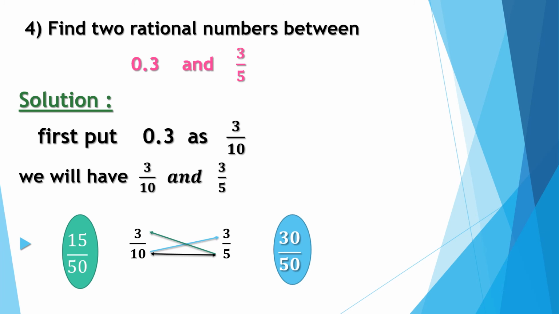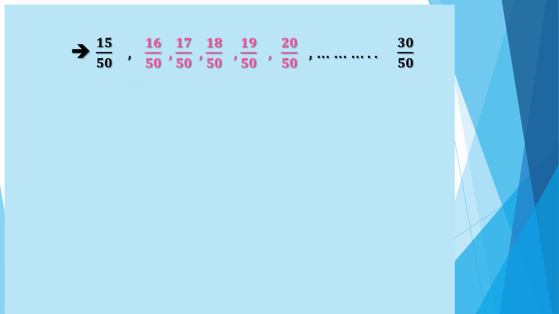We want only two numbers between them, and there are more than two numbers between 15 and 30. It will be 16 over 50, 17 over 50, and so on till we have 30 over 50. We take any two numbers of them.